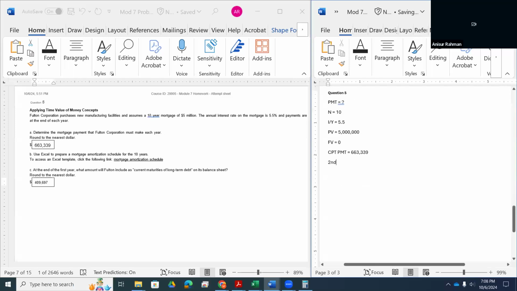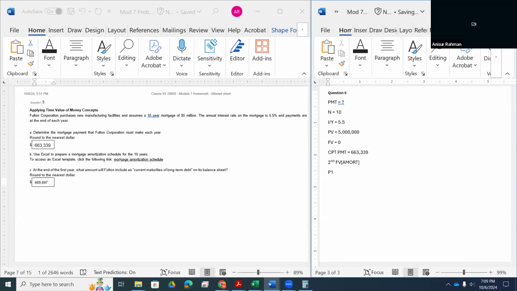So second FV, which basically means amortization. And then on your screen, you will see P1. Now, I want to find out at the end of the first year, what amount will Fulton include as current maturities of long-term debt.